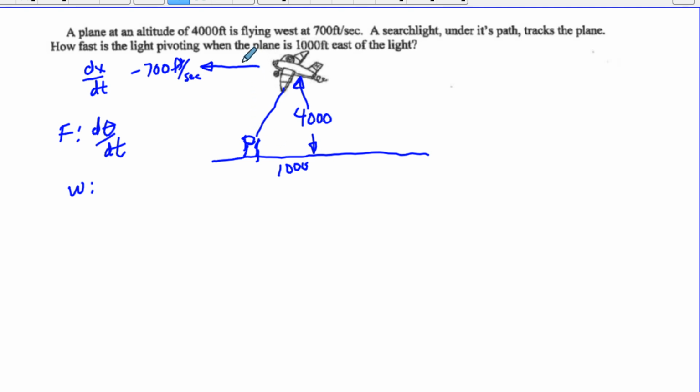If you say this is x here, in an xy coordinate plane, x is equal to 1,000, and y is always equal to 4,000. We know that. Well, I guess that's about it. Given dx dt is equal to negative 700 feet per second.